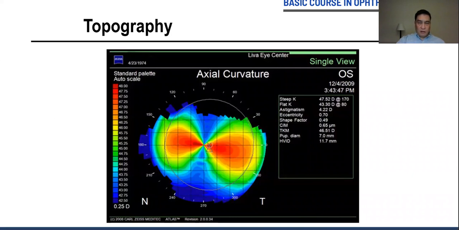For example here, again, this is a Placido-based map. There's a figure of 8 that's on its side, and so this is an against the rule astigmatism, again, against the rule astigmatism. You can see there's a very high amount of astigmatism, 4.22 diopters, that's why there are a lot of colors flashing here, even if the scale is only by 0.25 diopters.